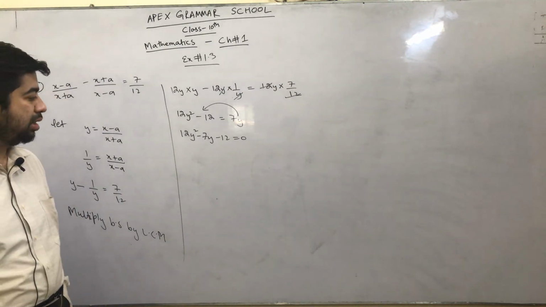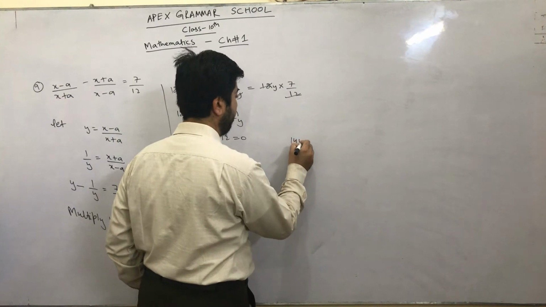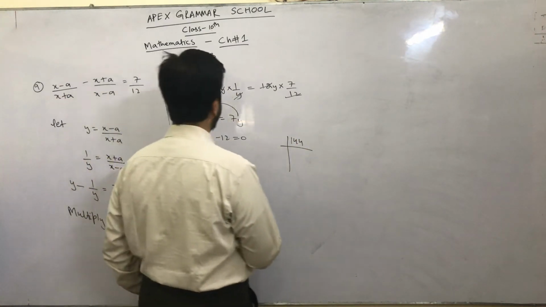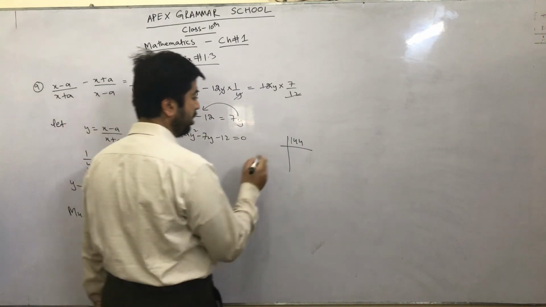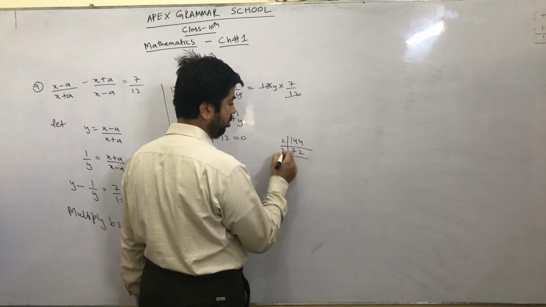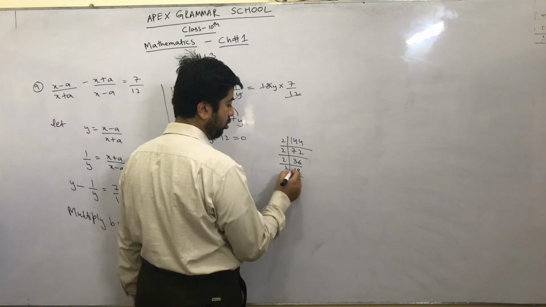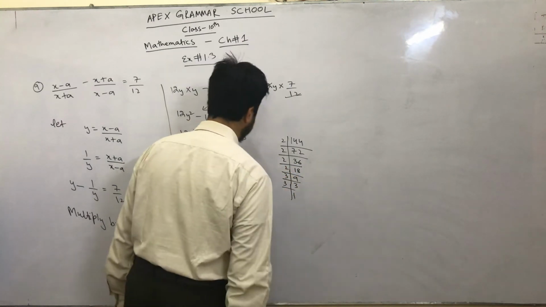We can see whether any factorization is possible here. 12 into minus 12, that is 144. We have to find this 7y. So 2 7s are 14, 2 2s are 4, 2 3s are 6, 2 6s are 12, 2 18, 2 9s are 18, 3 3s are 9, and 3 1s are 3.